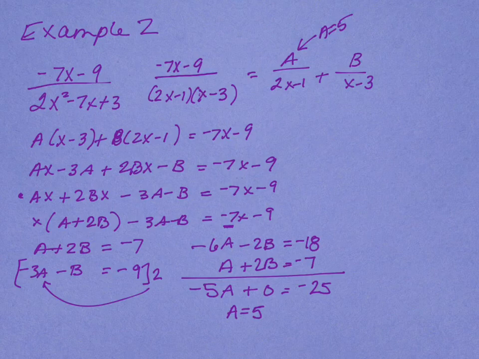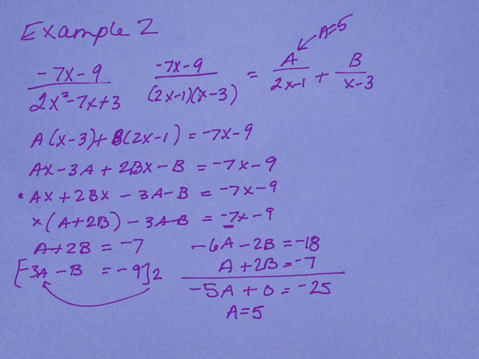Okay, so negative 6a and negative 5a, and that would be 0. And this is negative 25. Oh, I see what I did. Well, no, that's right. Just going to keep going.